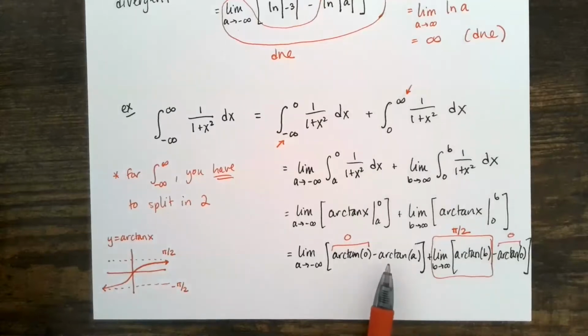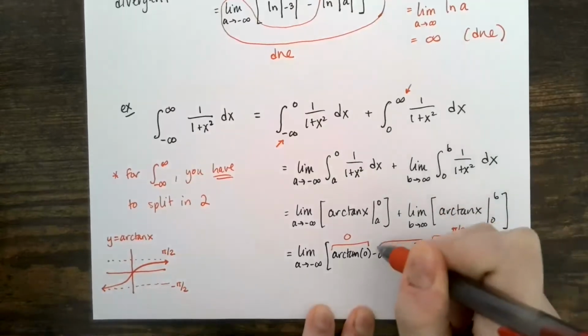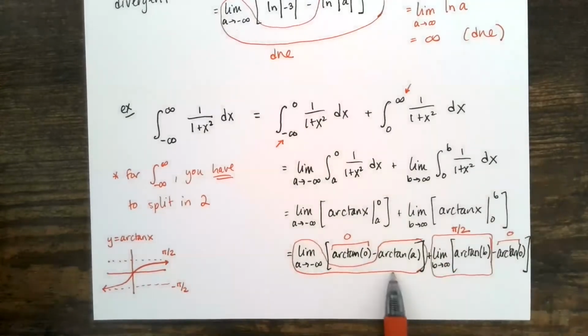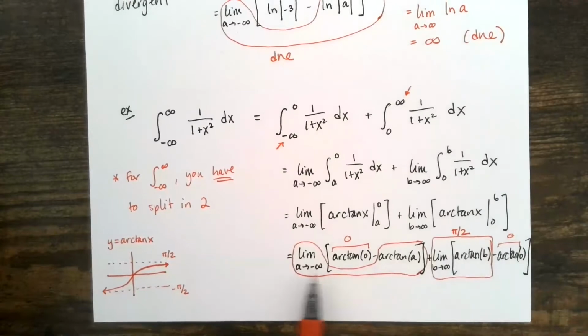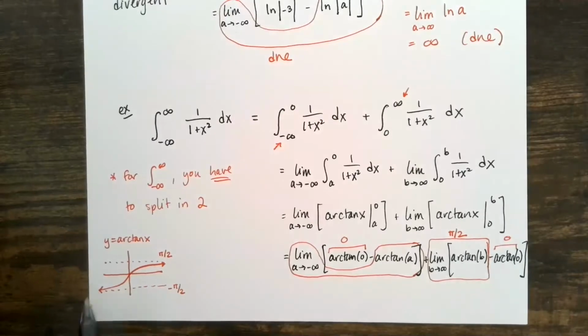Now we'll do the other limit. So we have the limit as a approaches negative infinity of arctan of a. Copying that one right there. So same graph, but now a is approaching negative infinity. So we're plugging in x values over here and looking at the trend in the outputs. So the outputs in this direction are approaching negative pi over 2.